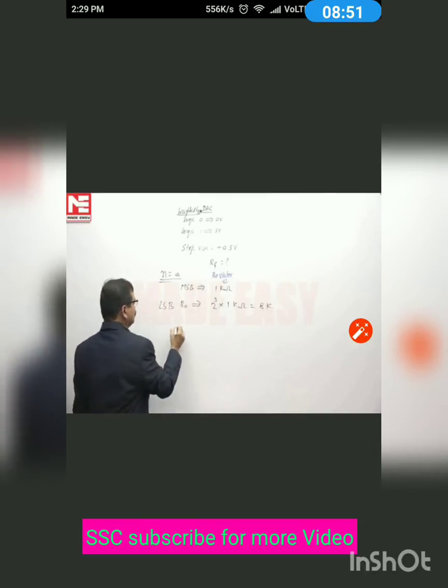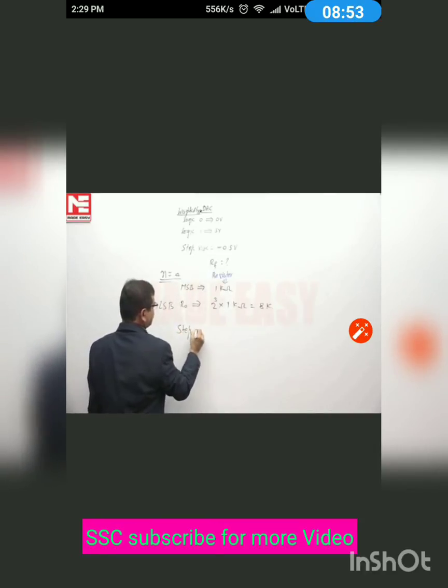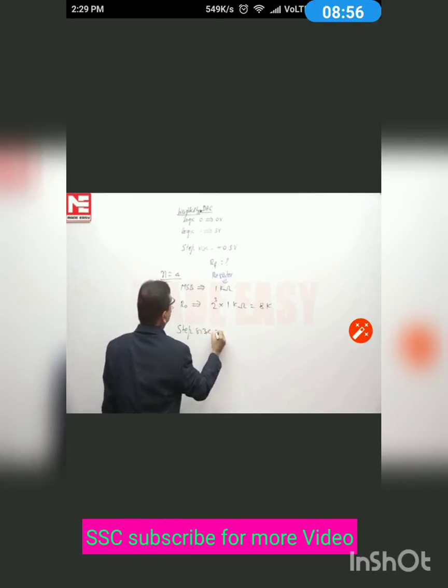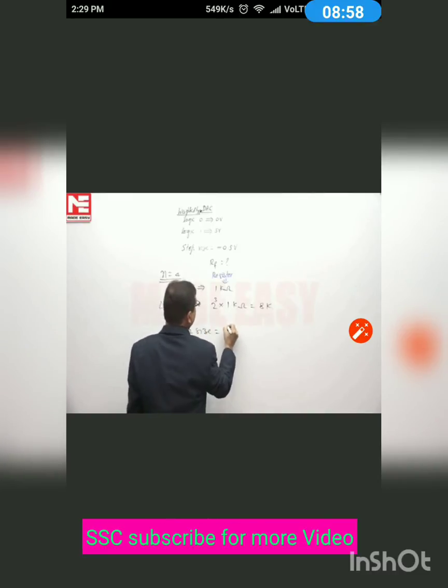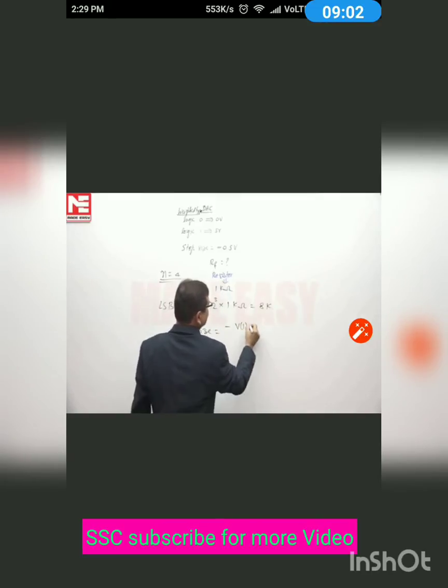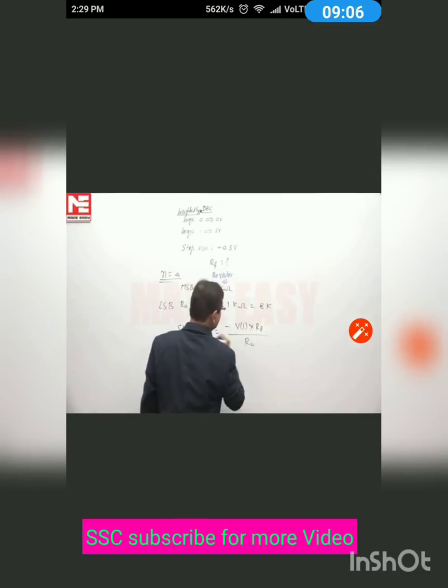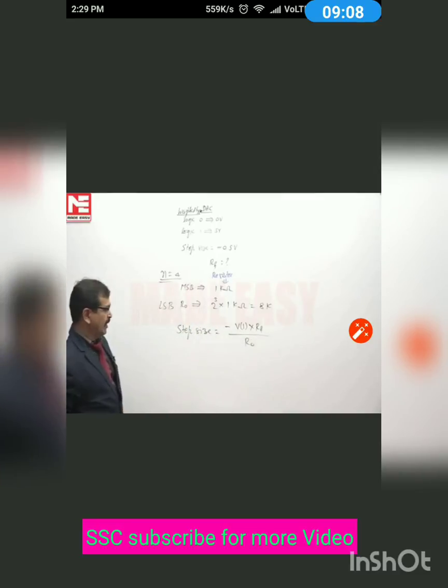And the step size is equal to minus of the voltage corresponding to logic 1 into RF divided by R0. So it's a formula.